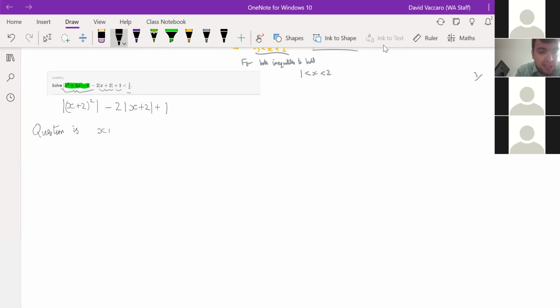Is x plus 2 brackets squared modulus always the same as x plus 2 modulus squared? So we've got a vote for yes. Got another vote for yes.